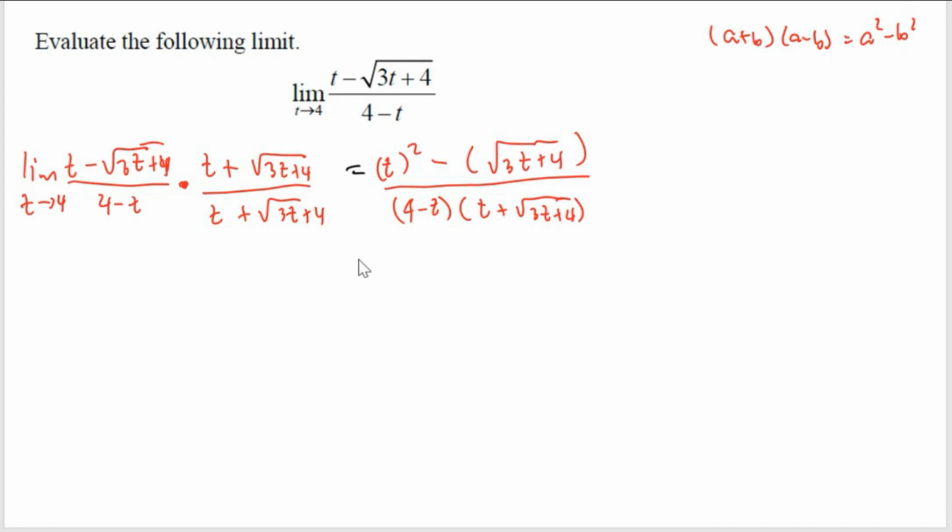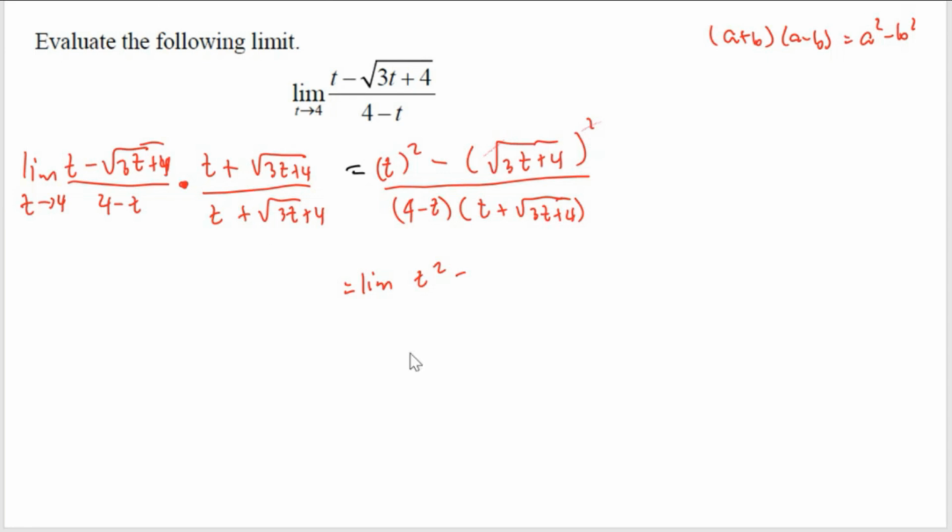Now simplifying that one, just attach here the word limit as t approaches 4. Okay, so I will just write it here to make the correction. So the limit of t squared minus the square of this, we can cancel the 2 and the radical sign.